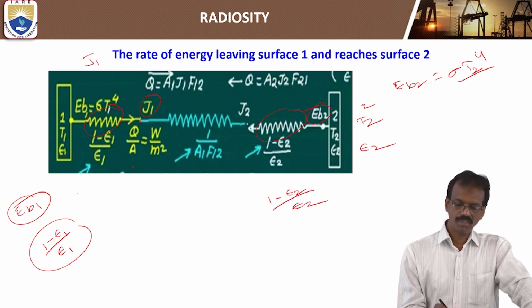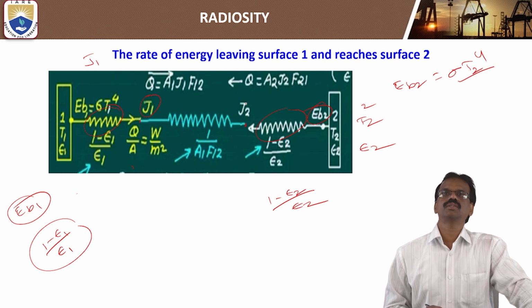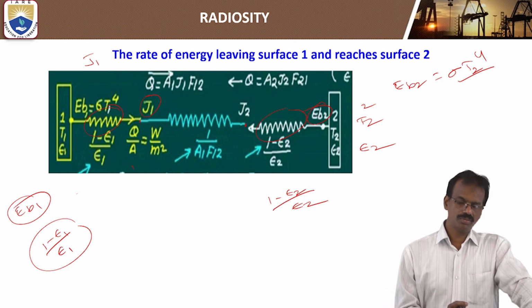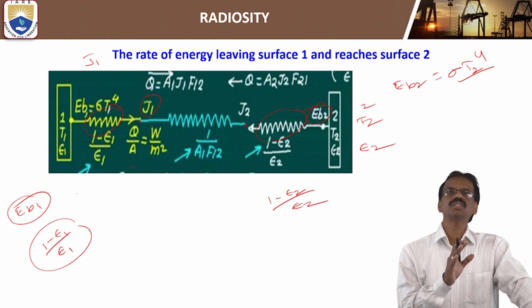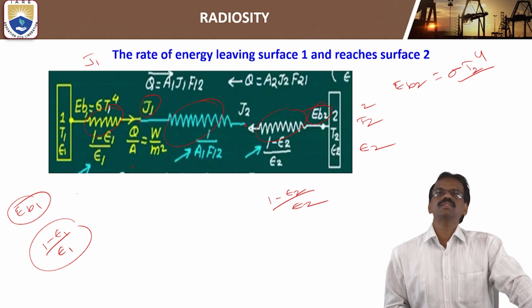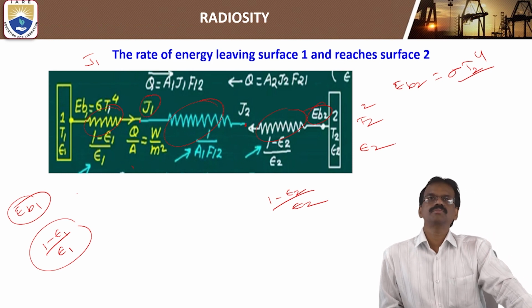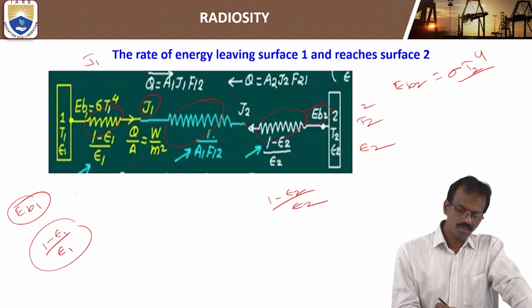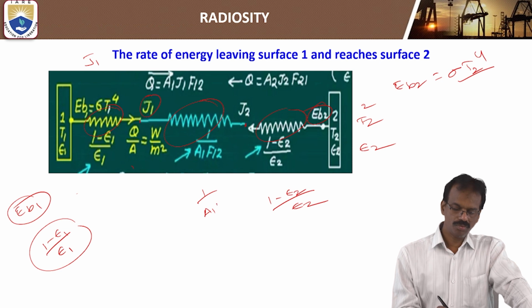Then it will be converted into radiosity. Between radiosity 1 and radiosity 2, we will consider the space resistance, the space between surface 1 and surface 2, which is equal to 1 by A1 into F12.